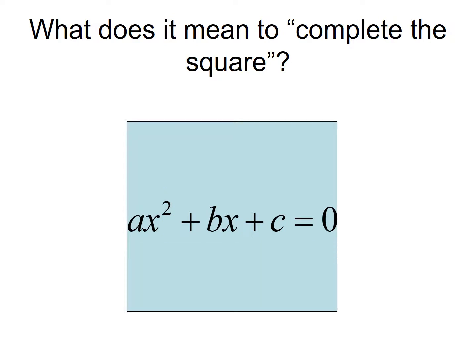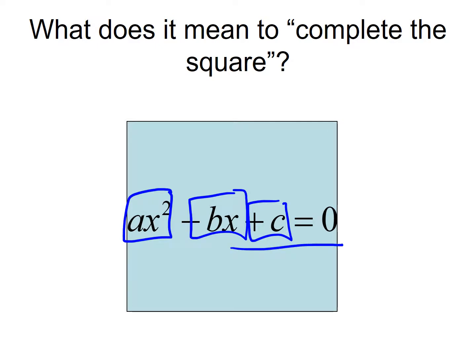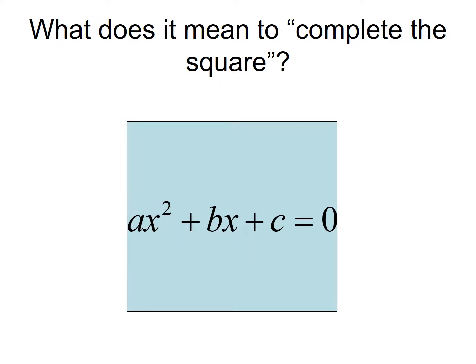So we could have an x squared term, a regular x term, and a number, and then of course because it's an equation we're equaling it to 0. So every single time we talk about quadratics, this is the generic form of a quadratic, okay?